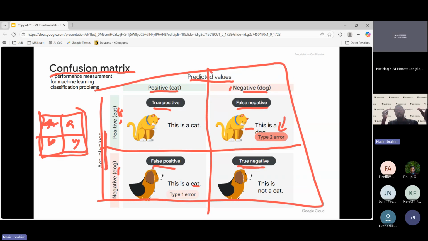How many dogs were predicted as dog? You put them in the last cell. How many cats were predicted as dog? You put their number. And how many dogs were predicted as cat? You put their number as well.